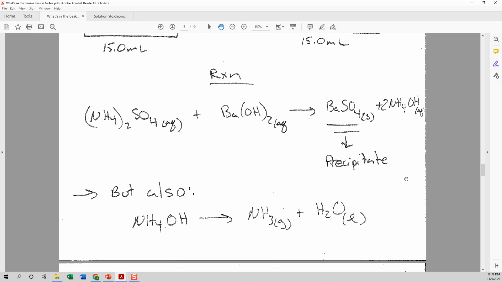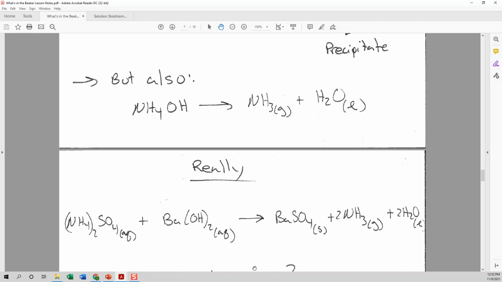So really, this happens to this. In a net ionic equation, we don't write ammonium hydroxide dissociated, like ammonium ions plus hydroxide ions. We actually write it like this: ammonia gas and water. So really, this is the reaction that's going on.